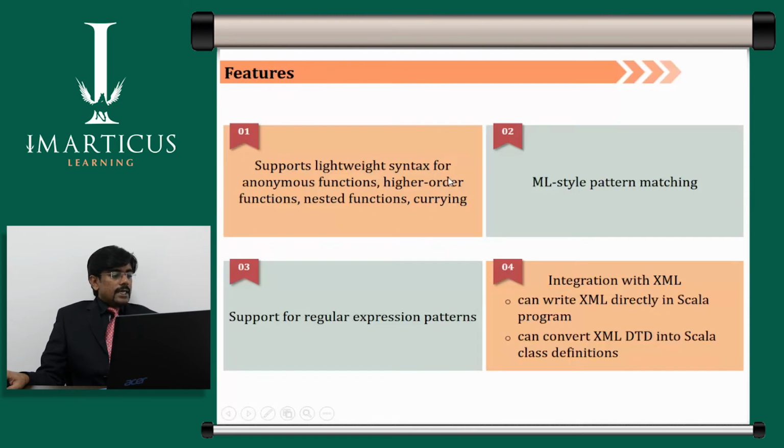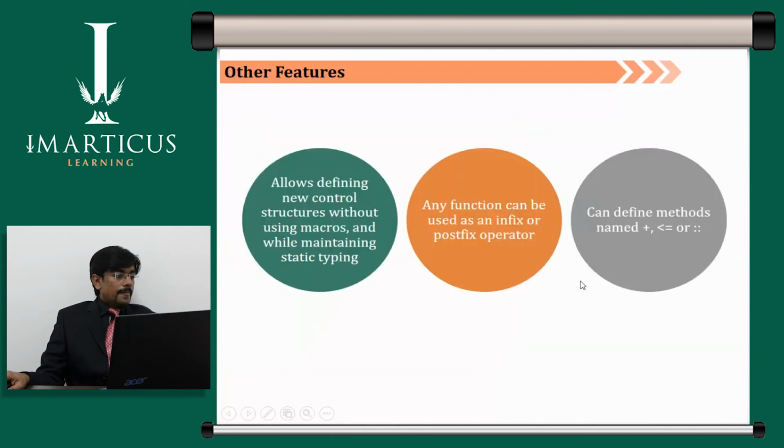It supports lightweight syntax for anonymous functions, higher order functions, and nested functions like currying. It gives you ML style pattern matching. It supports regular expression patterns. It integrates with XML. You can write XML directly in a Scala program and can convert XML DTD into Scala class functions. So these are the basic features of Scala which we have read.